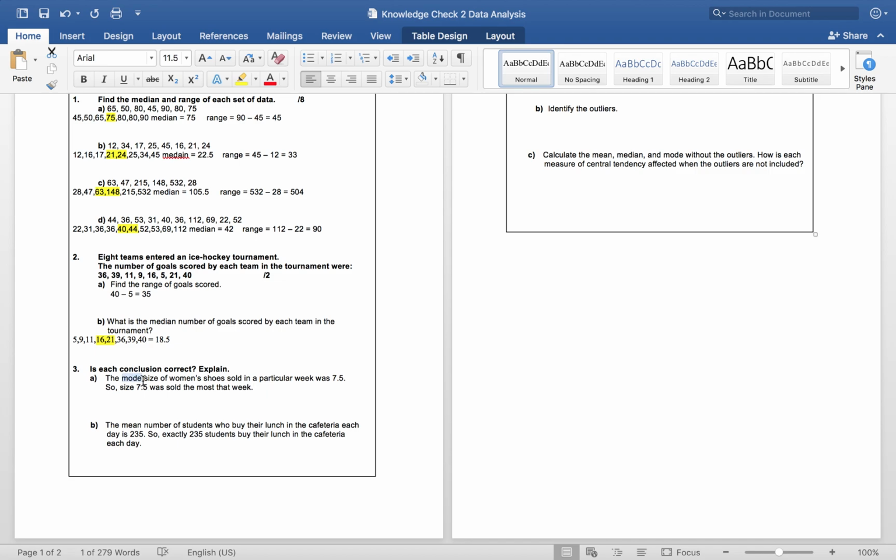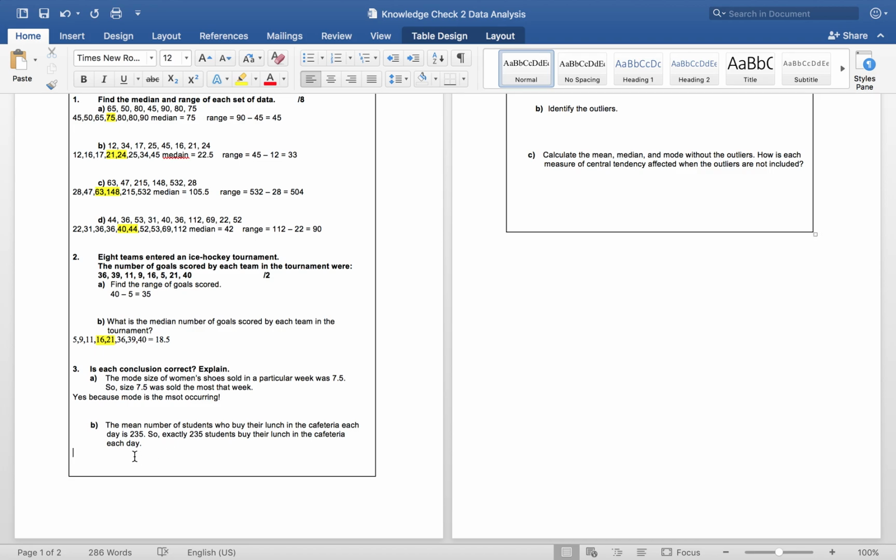And then it says that is the size of women's shoes was 7.5, so 7.5 was the most sold that week. Does mode equal most? Yes, it does. So this conclusion would be correct. So yes, because mode is the most occurring. So 1 mark there if you said that yes, this statement was correct.